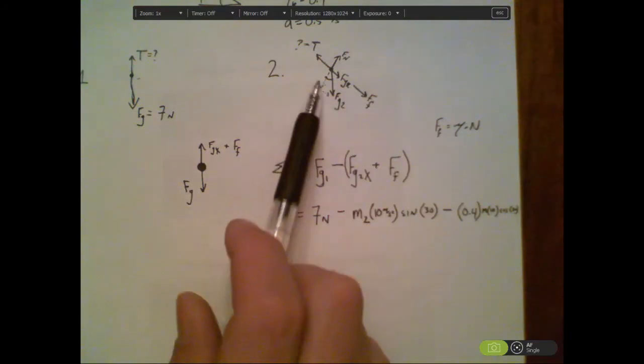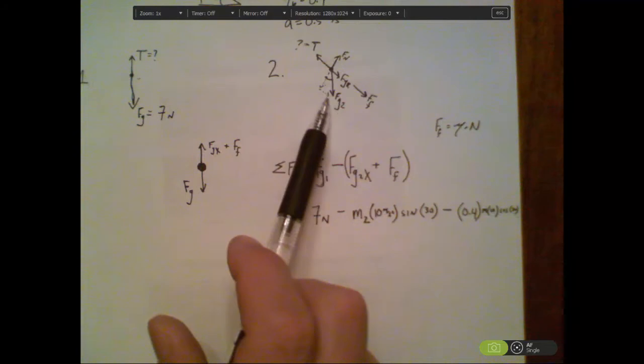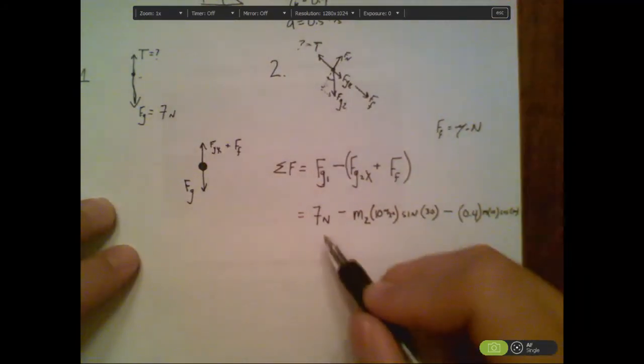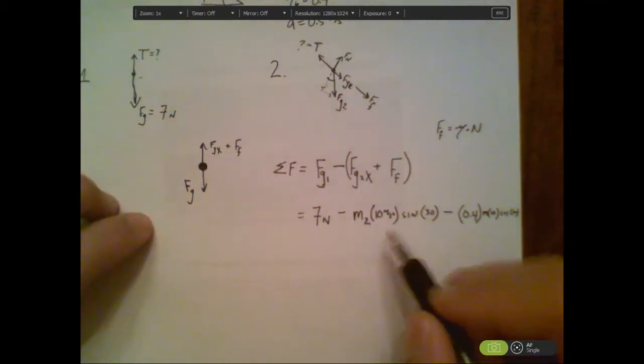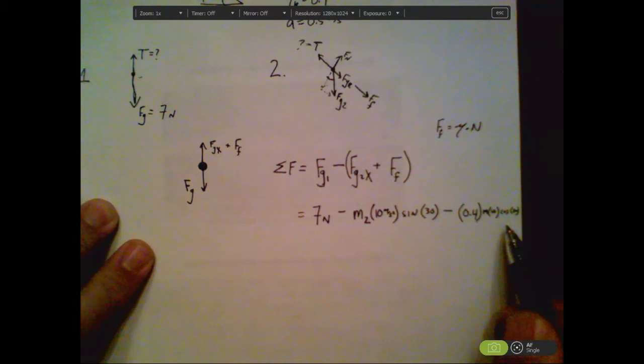This is gravity pulling mass 1 down, this is the weight component holding it back, and this is the friction holding it back.